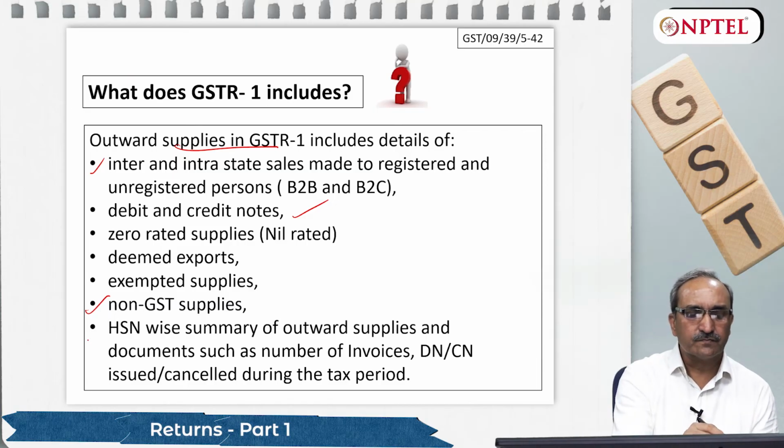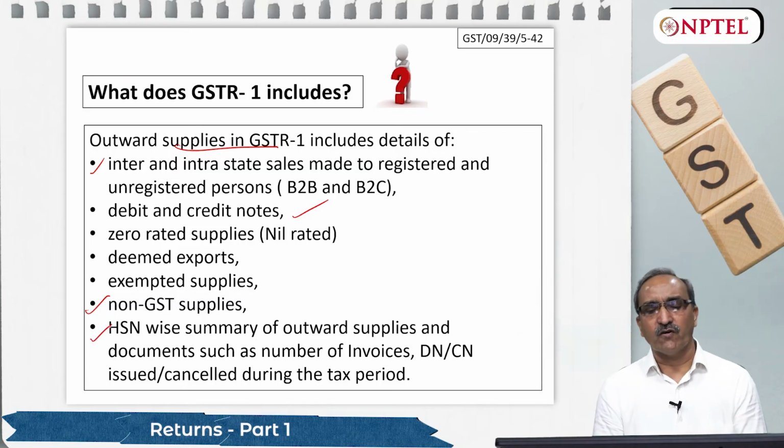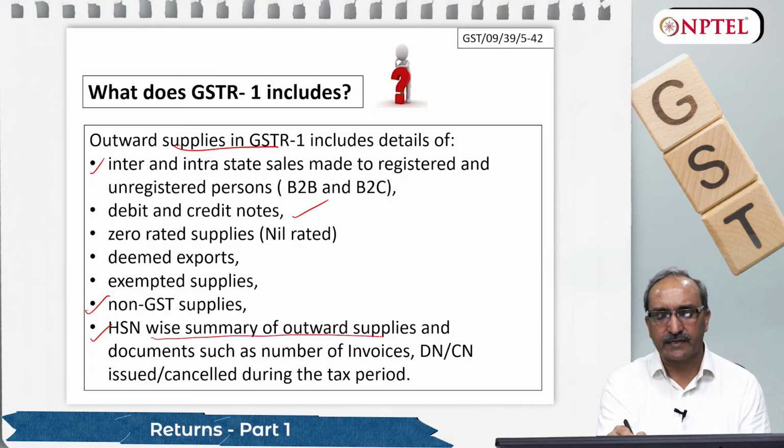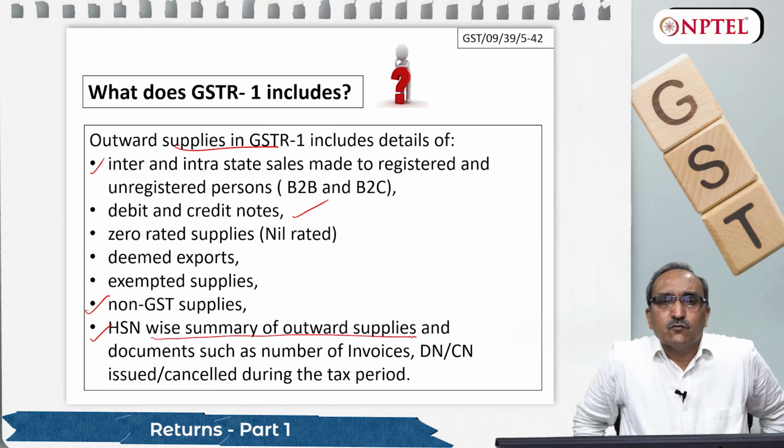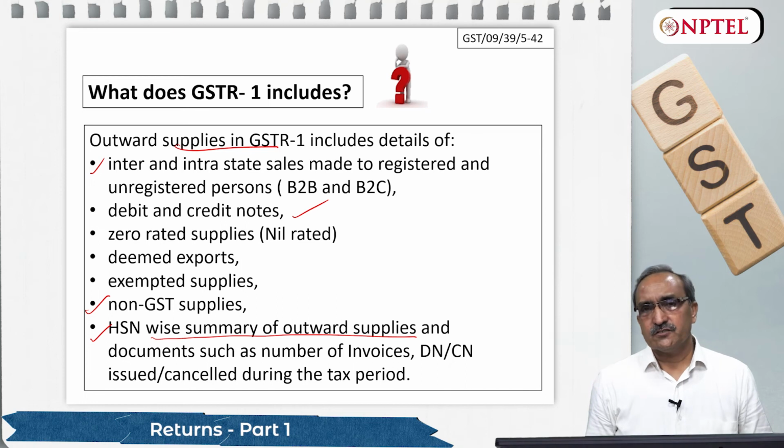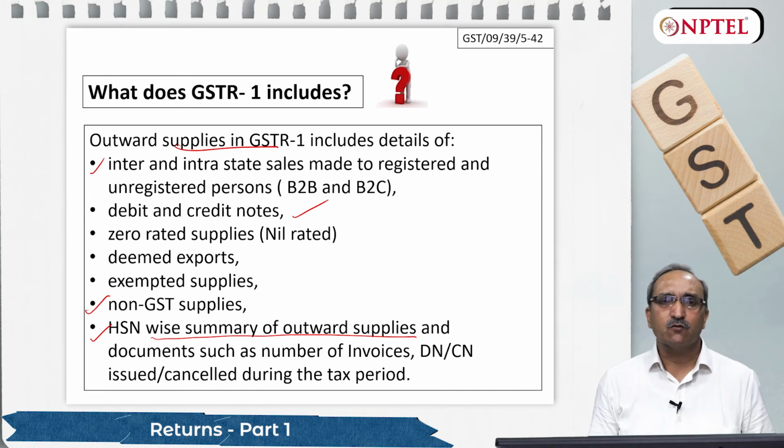Then friends, HSN-wise summary of outward supply. This is something very technical and needs to be understood. See friends, whenever we are manufacturing goods or supplying goods or services, we are doing business world over.